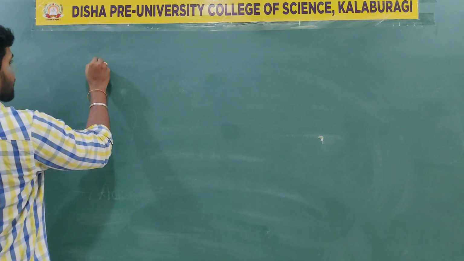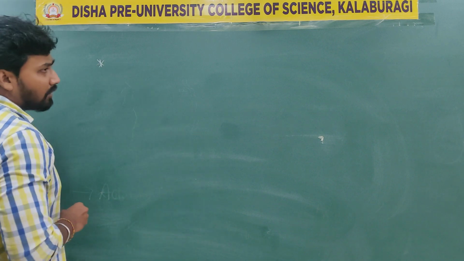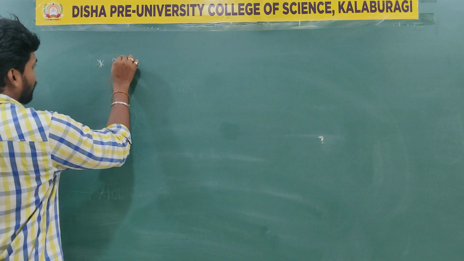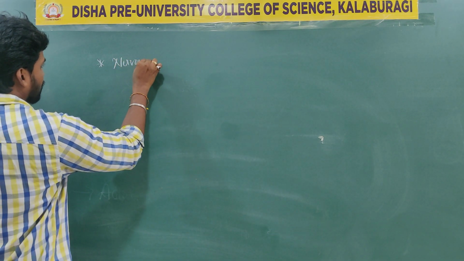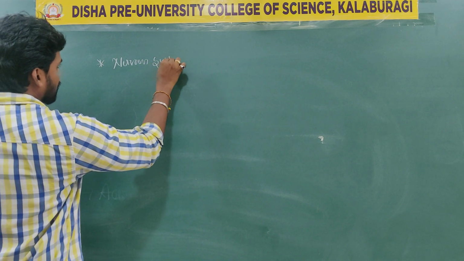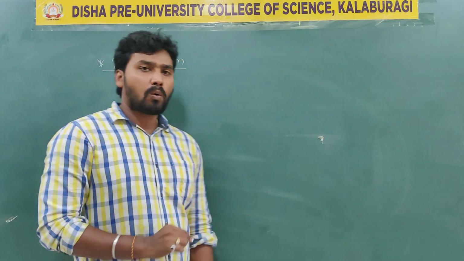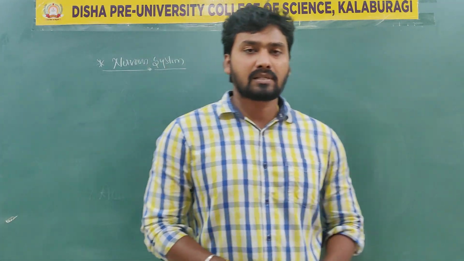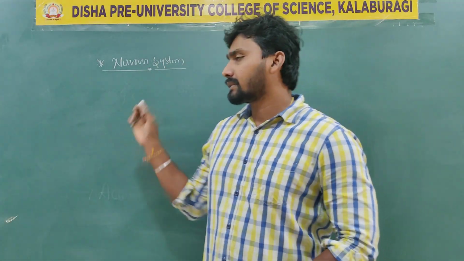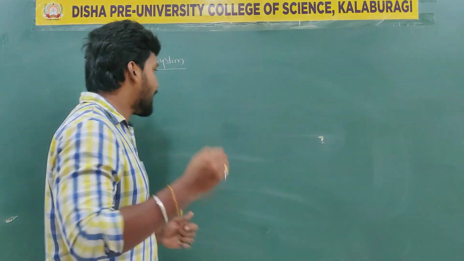See, animals are classified on the basis of the nervous system. What kind of nervous system these animals are having, on that basis they have been classified.